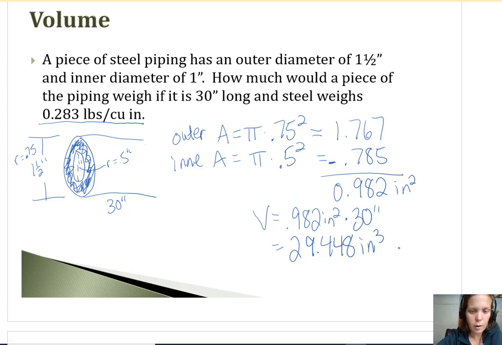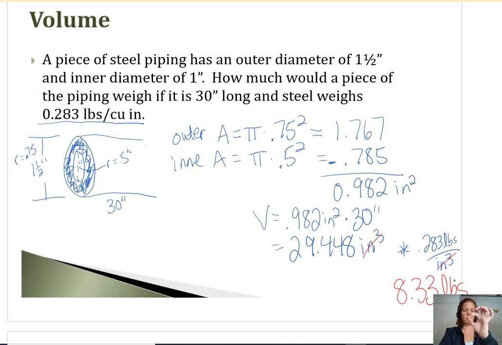Okay, so now to get my weight, I can multiply by 0.283 pounds per cubic inch, and then my cubic inches will cancel, and I'll just be left with the weight. 8.33 pounds. And if we think about this, if it's steel, it's going to be pretty heavy, 30 inches long, it's like 2.5 feet long. That seems reasonable that it would weigh about 8 pounds.